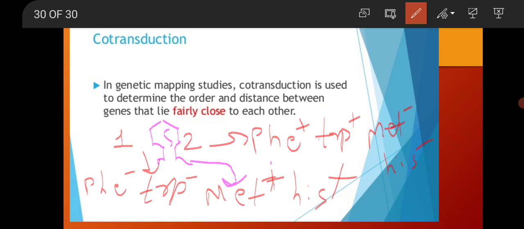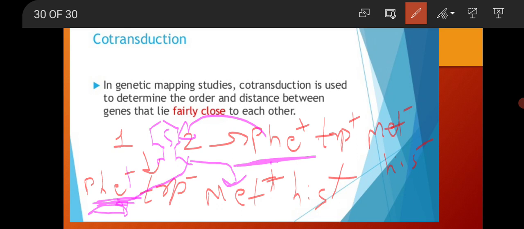This first strain which was unable to produce phenylalanine will be able to produce phenylalanine, because the genetic material from the second strain is transferred to the first strain. Hence it has been transduced, and it will become phenylalanine positive.